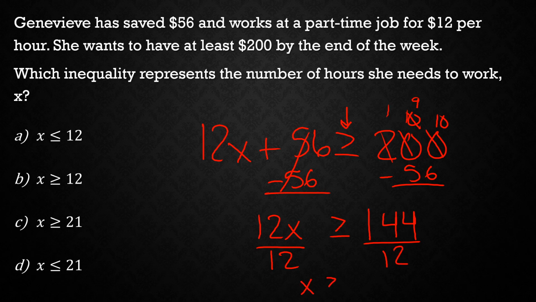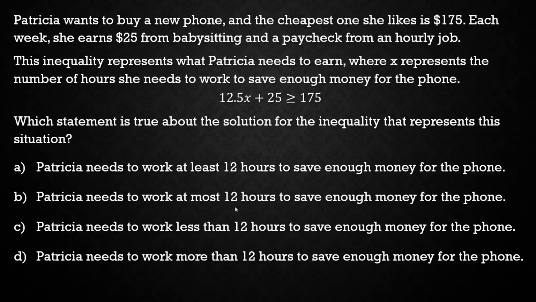So I'm going to have x is greater than or equal to 12. 144 divided by 12 is 12. So when you're picking your answer, you always want to double check and make sure that our inequality sign is facing the same way. Okay, it's very easy to accidentally click this one because we're looking at the 12, but double check your inequality signs and make sure they're facing the right way.